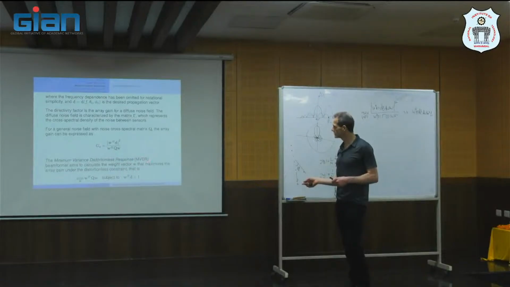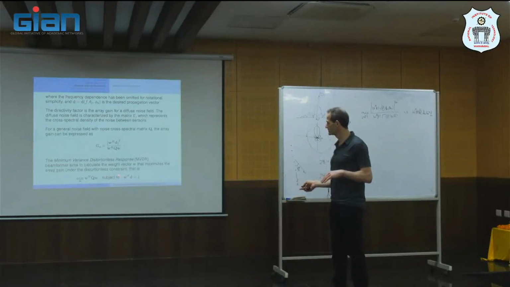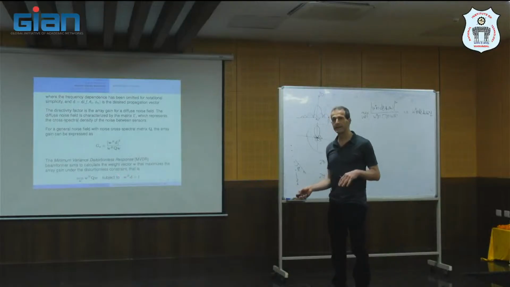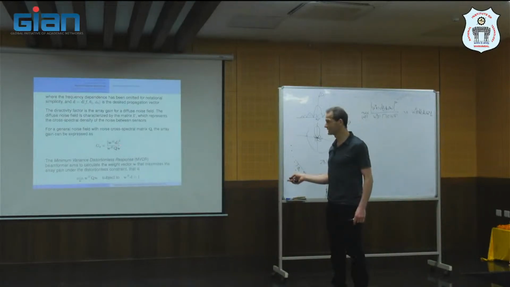So this is called minimum variance distortionless response. This is the distortionless response because it doesn't distort the desired source. So this is the constraint of the distortionless response. And minimum variance means that it minimizes the gain for the noise.